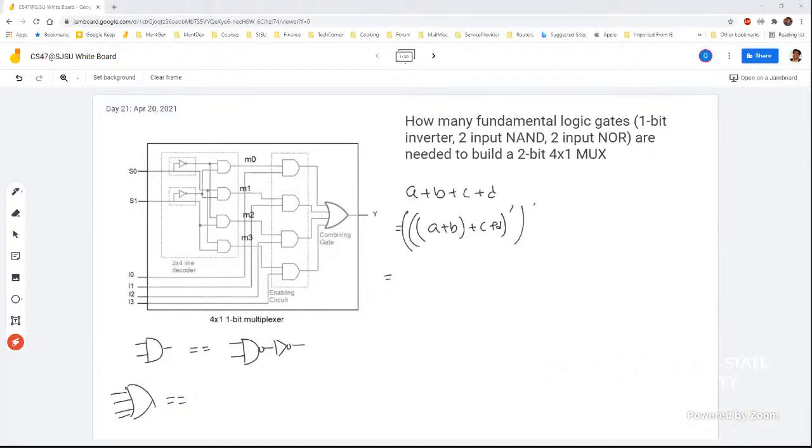Actually we can do a better thing here. Just hold on. Let's put De Morgan in place.